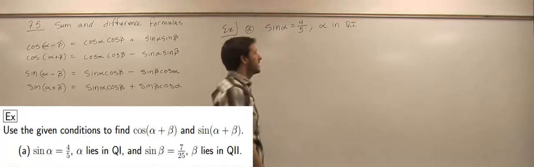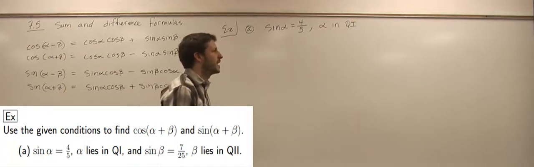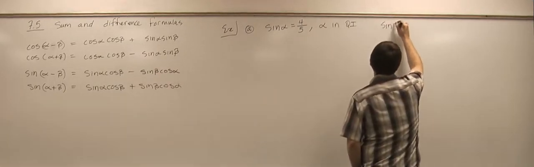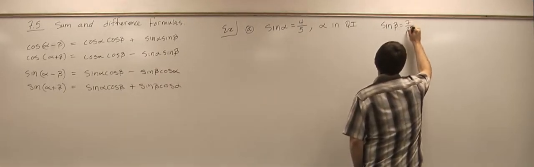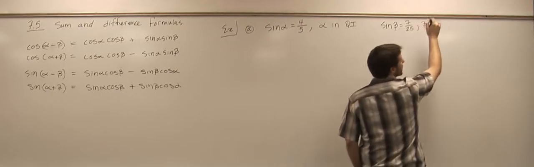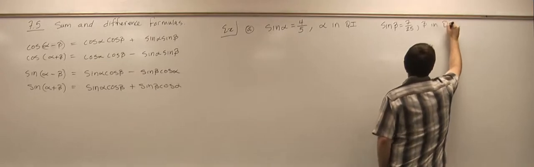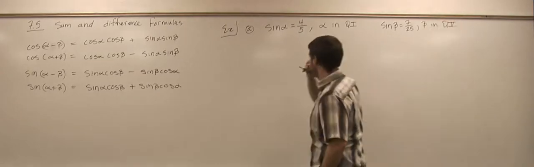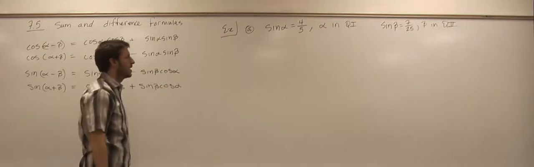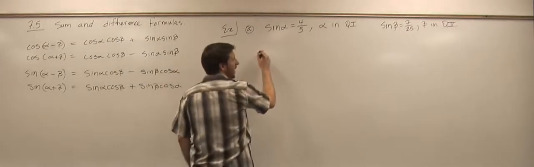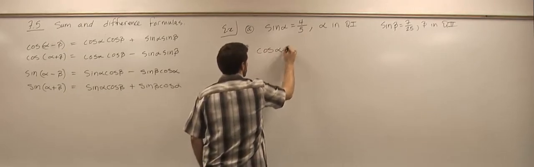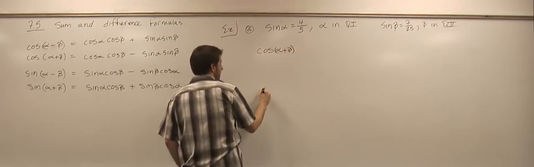That's what Q1 stands for. Then I also tell you sine of beta is 7 over 25, and beta lies in quadrant 2. I want you to find somehow cosine of alpha plus beta and sine of alpha plus beta.